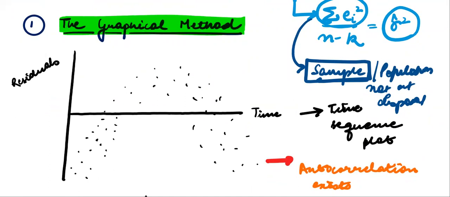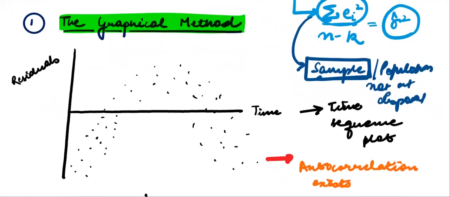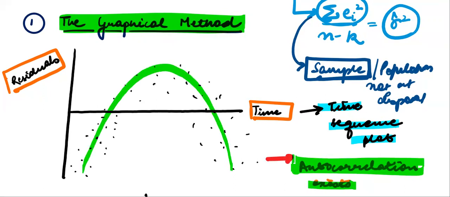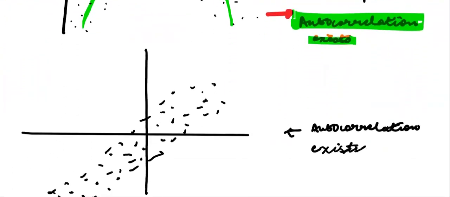To understand the graphical method, we know that we can plot the residuals against time. These are known as time sequence plots. If you see any kind of pattern being formed, then autocorrelation exists. For example, here with time, I see this pattern, so autocorrelation exists.